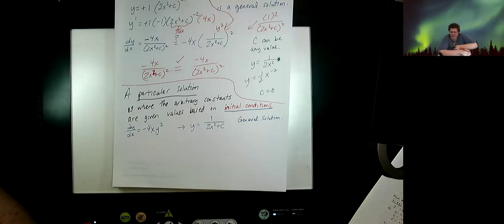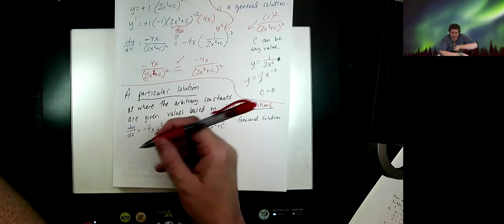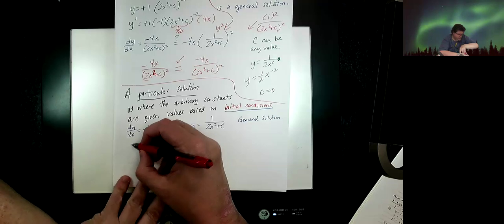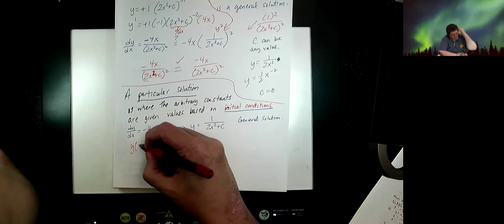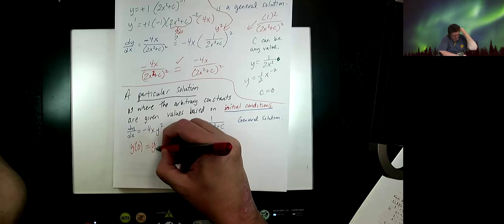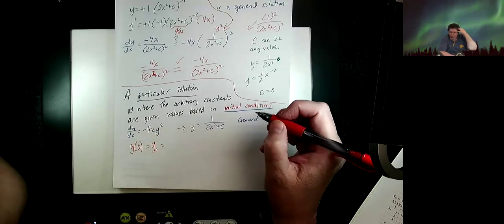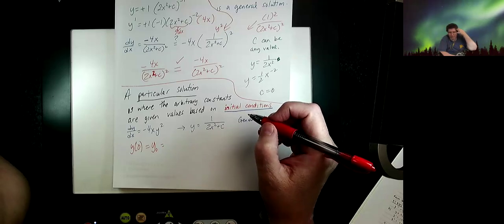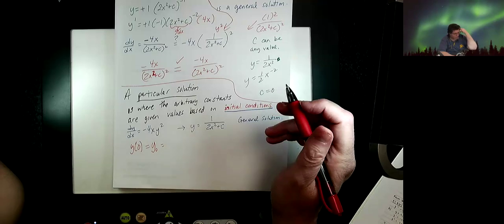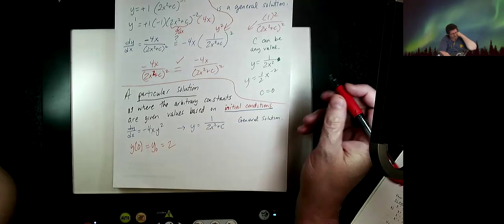I'm going to give it the initial condition: y of 0, often called y0. Oh, I don't know, what do you guys want to call it? Equals 2. Let's do 2.